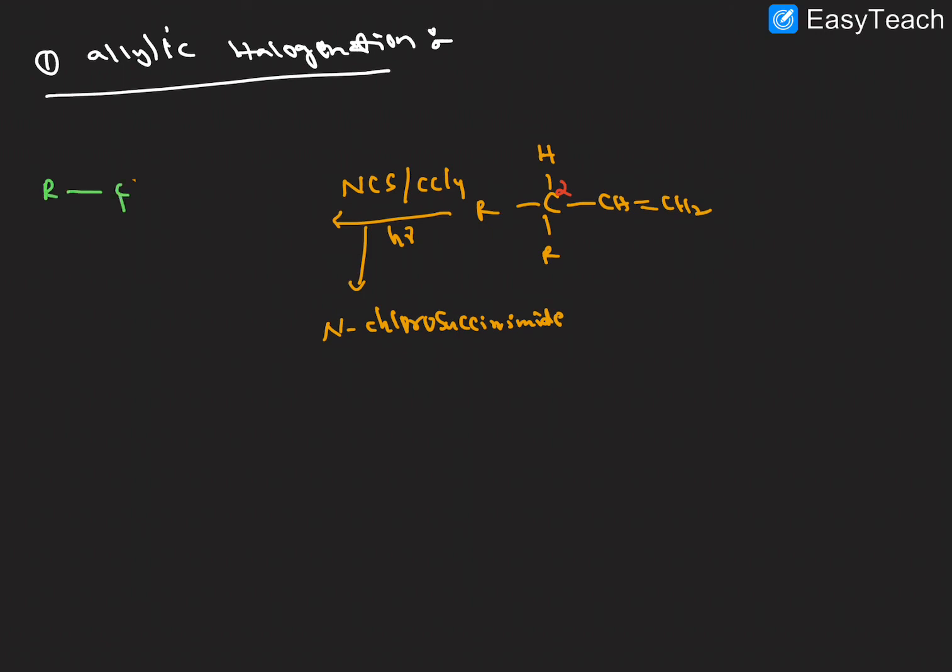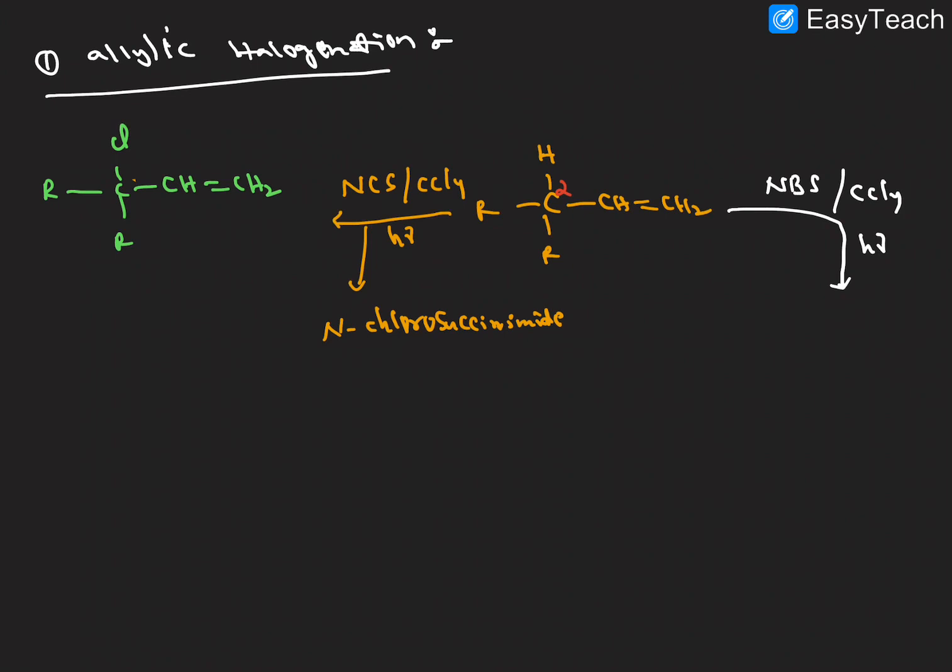What is the product formed here? The R group and R group, with chlorine substituted, and the remaining CH and CH2 as it is. This is in the case of N-chlorosuccinimide. Then next one, the NBS reagent, N-bromosuccinimide, using CCl4 and the same light condition.